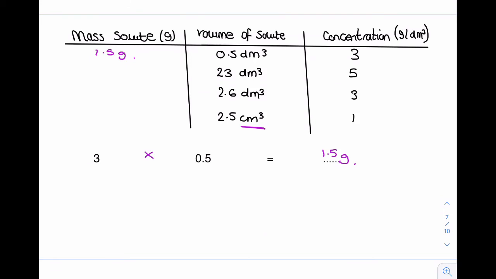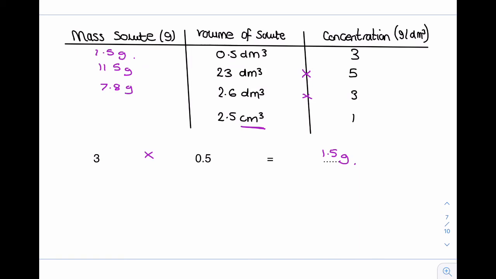Okay, so you should have done this one. It's 23 times 5, which would give you an answer of 115 grams. That's a simple multiplication. So is the next one, because you do 2.6 multiplied by 3, which would give you 7.8 grams.